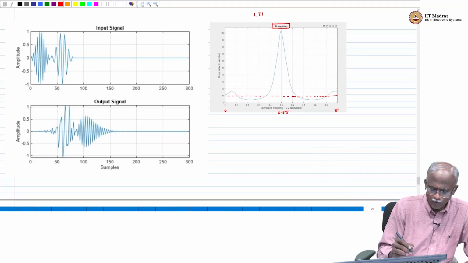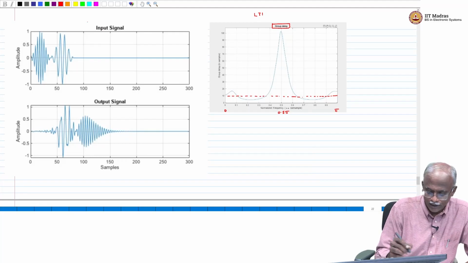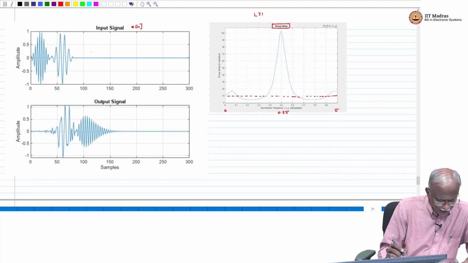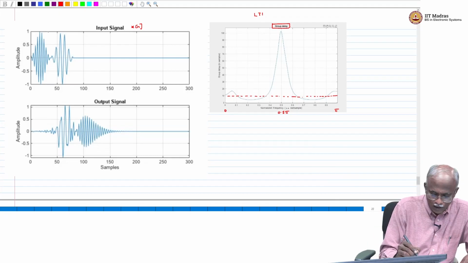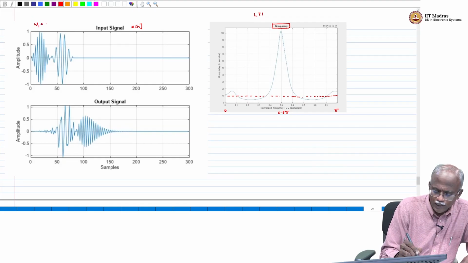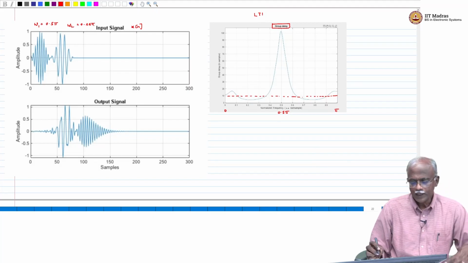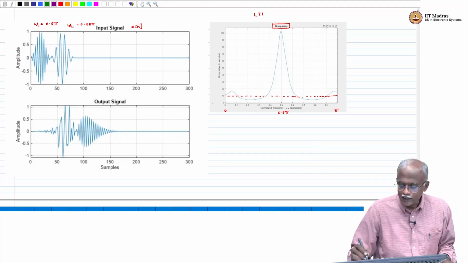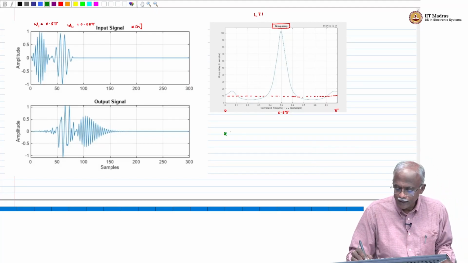Now I'm going to take an input signal, x of n. x of n has two frequencies: omega 1 equal to 0.5 pi and omega 2 equal to 0.25 pi. Now, how is the input signal generated?